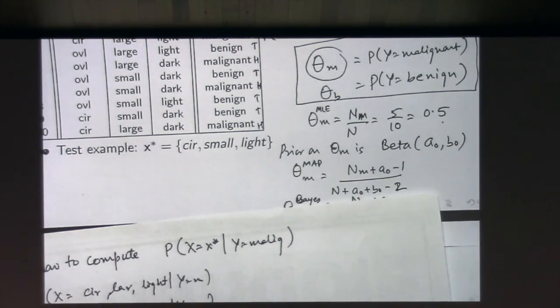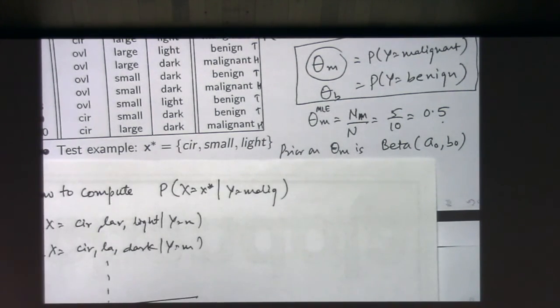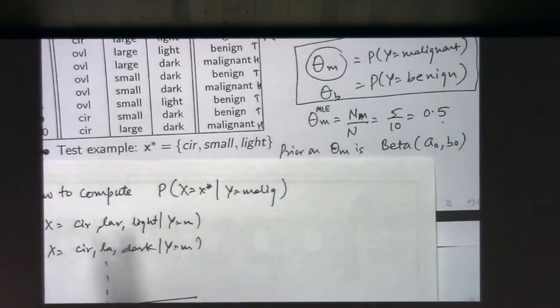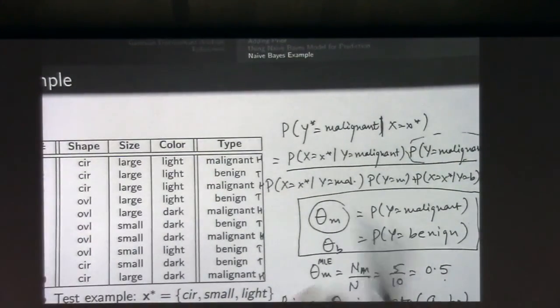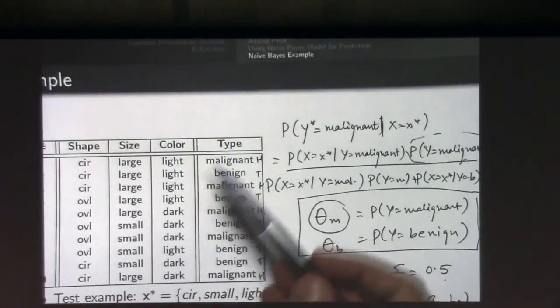Which are too many, especially if d becomes very large, you do not want to maintain so many of them, right? The other point is that even estimating these, how would you estimate these? What you would do is go to your data set, and then say, okay, how many times did I see this combination, circular large light, for malignant?